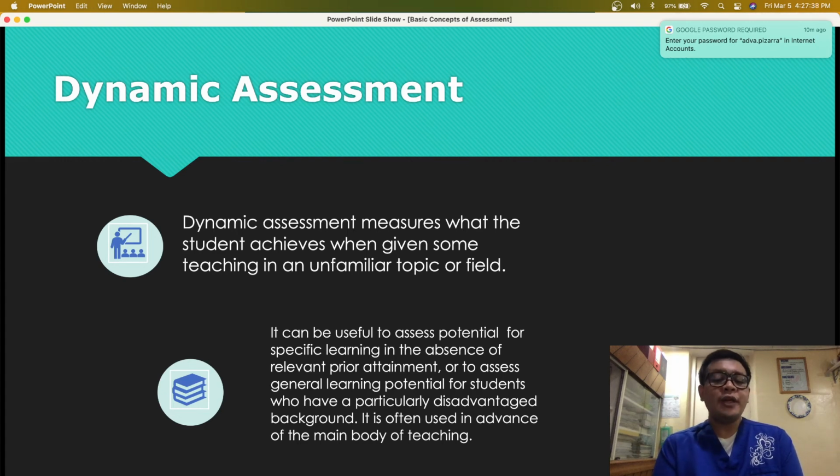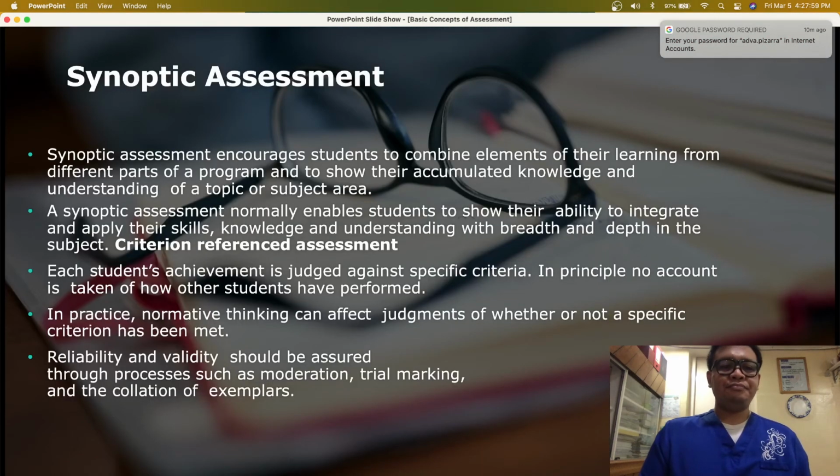It is also often used in advance of the main body of teaching. A dynamic assessment is part of the process of assessment in such a way that we have to consider that things are not stagnant or stable. When you say dynamic, there are certain factors that we also have to consider in assessing our students.